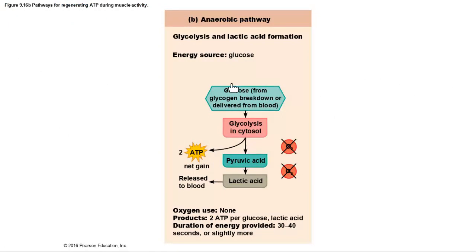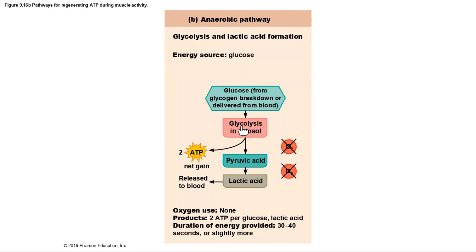We have glucose coming from our diet, or let's say we're breaking down glycogen storage inside of our muscle cells. In any event, we have glucose present, and glucose is going to undergo breakdown.